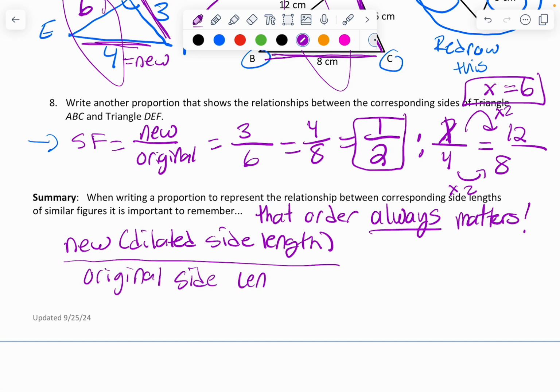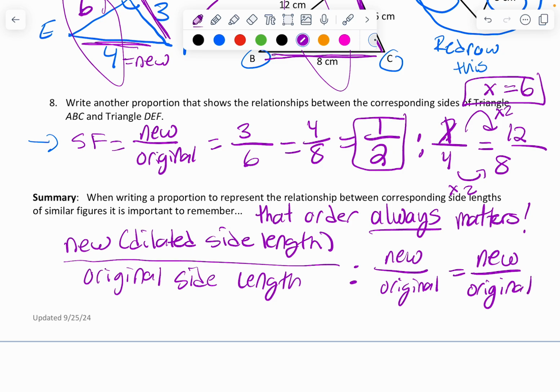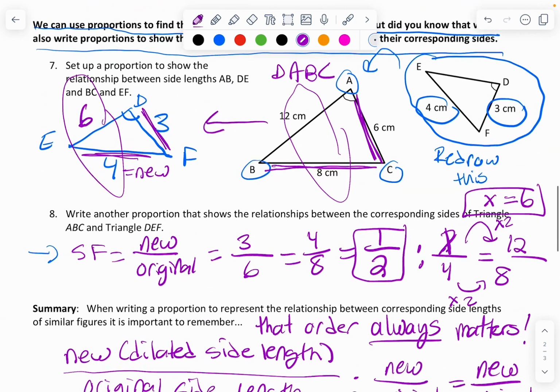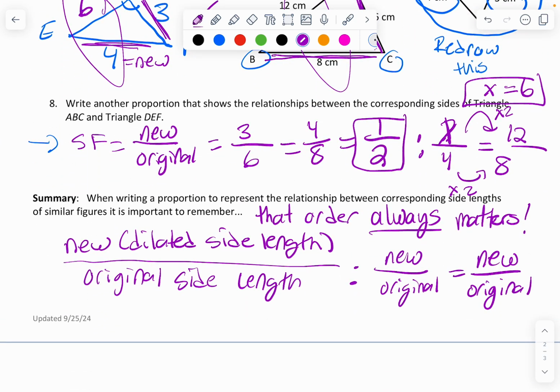Okay? Now you need to make sure that you're always doing your new over your original. Okay? Those two corresponding sides equaling your new over the original side, or we're going to run into problems. Okay? All right. So the big takeaway, are two shapes similar? Okay? You can set up a proportion, but the order always matters how you set it up to make sure that you can get the best answer possible.